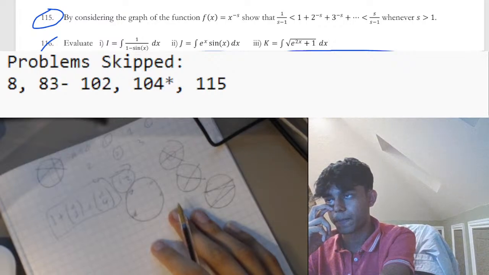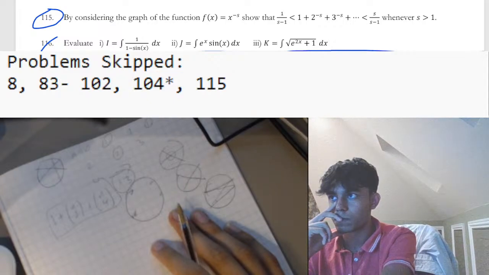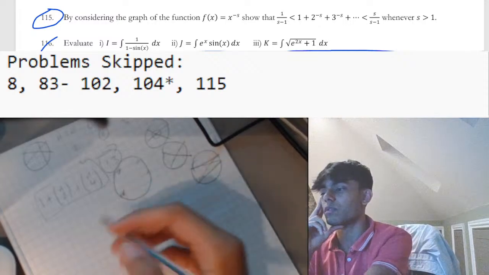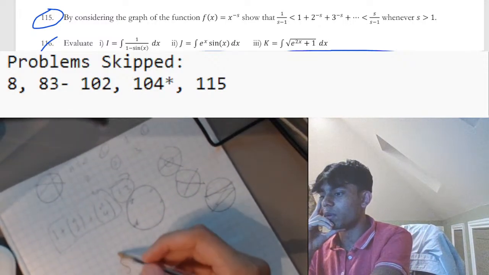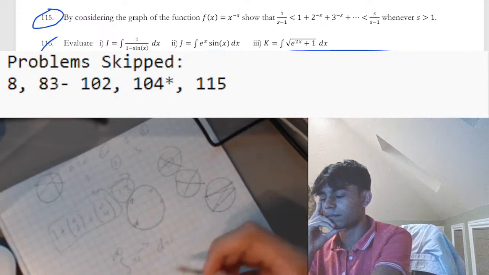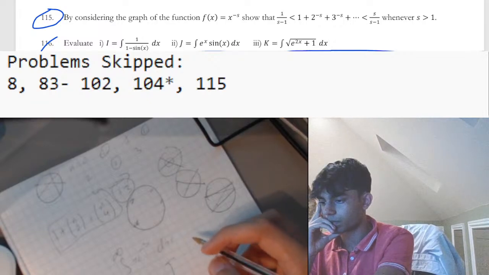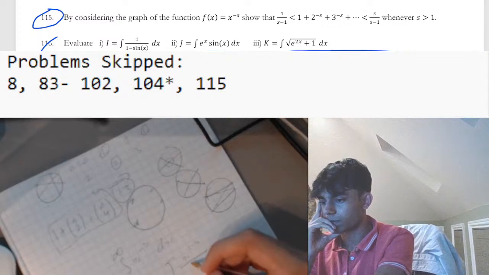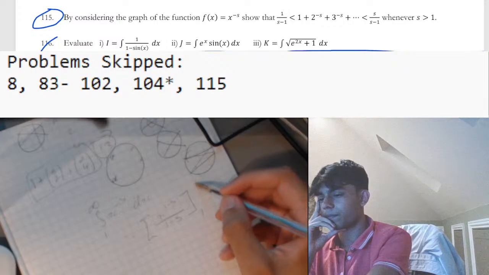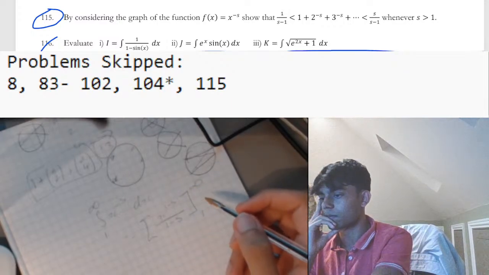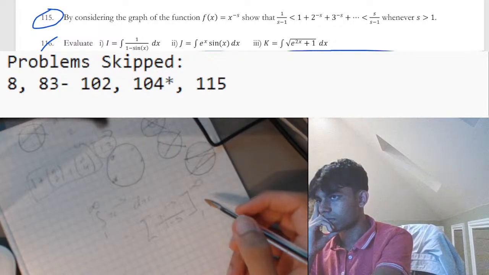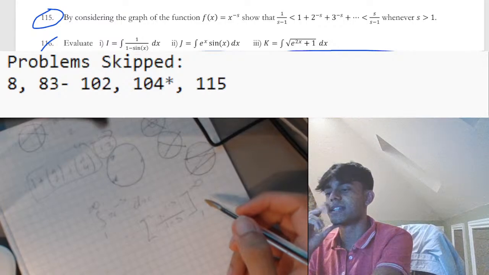You can say that the integral from 1 to infinity of x to the minus s dx is going to be this thing. And we're saying s is bigger than 1.